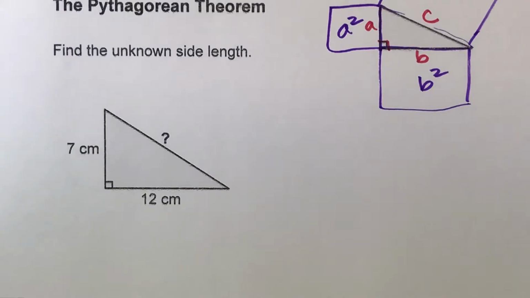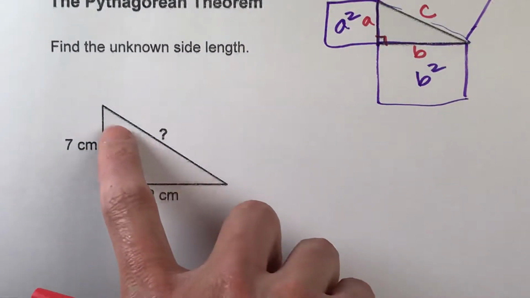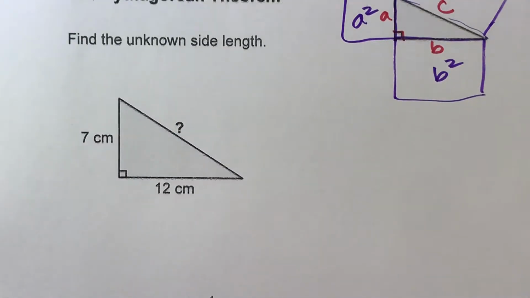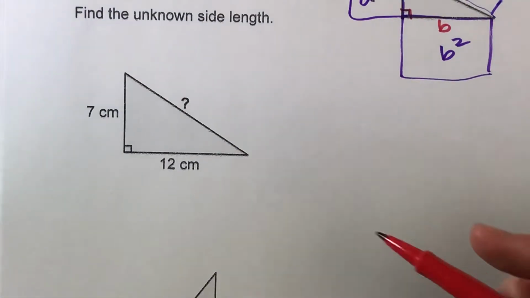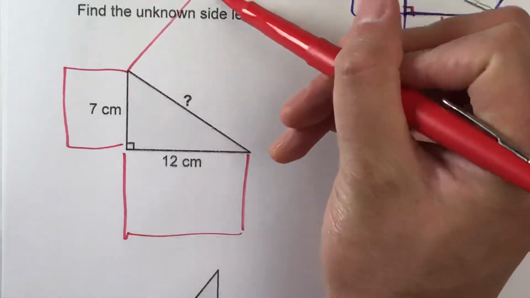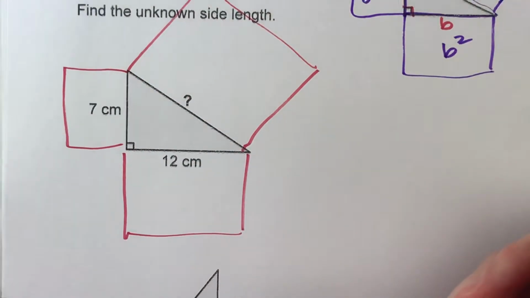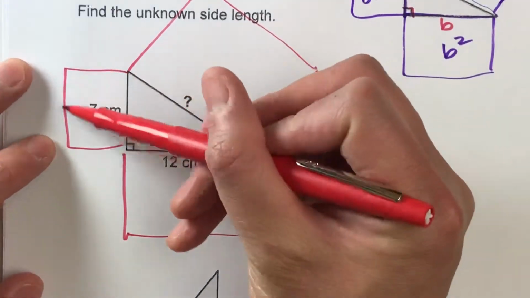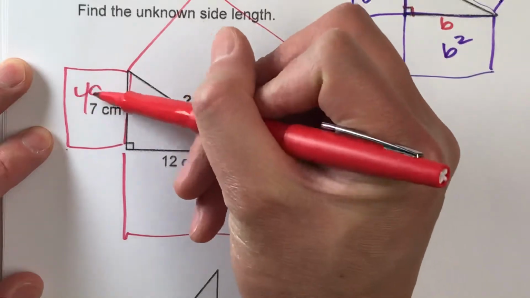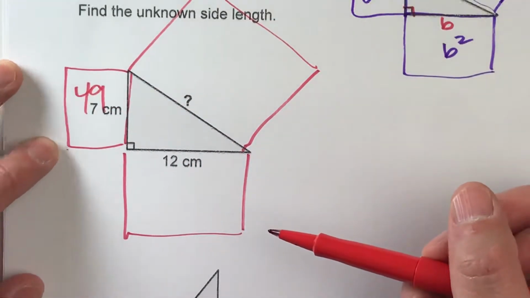So, for example, down below here, it says find the unknown side length. We're trying to find that side length right there. Well, using what we just talked about, I'm going to attach squares to each side and use the Pythagorean theorem. If this square has a side length of 7, 7 times 7 is 49, so that's the area of this square.